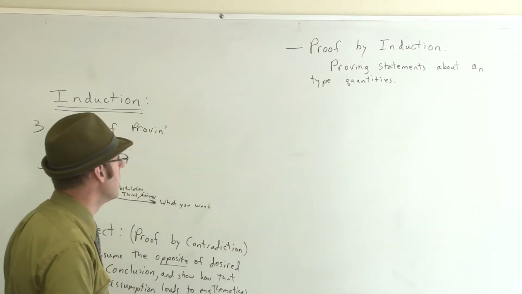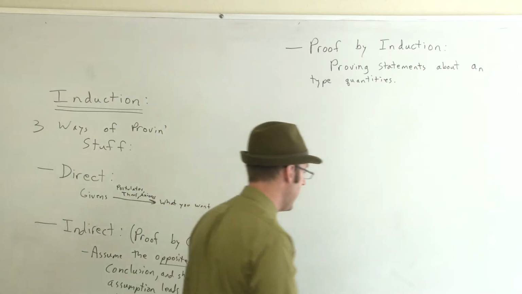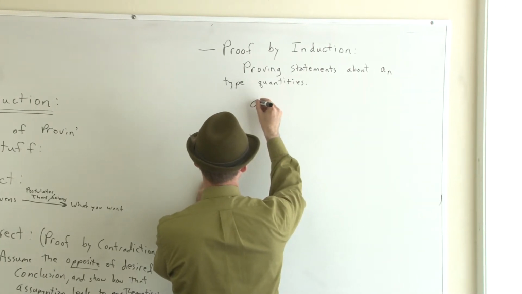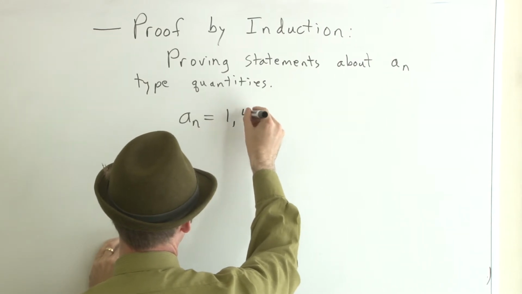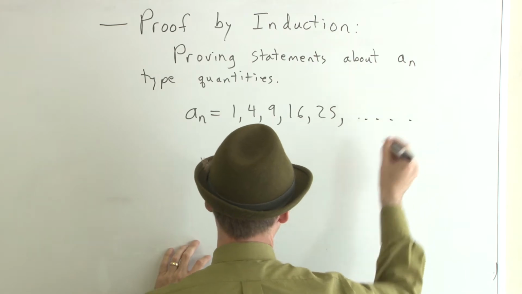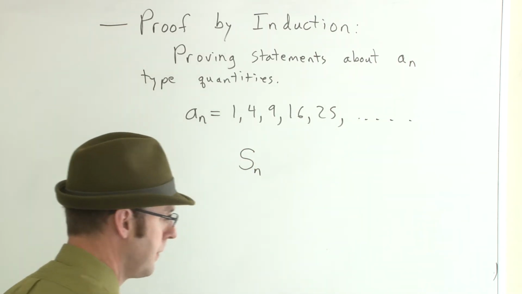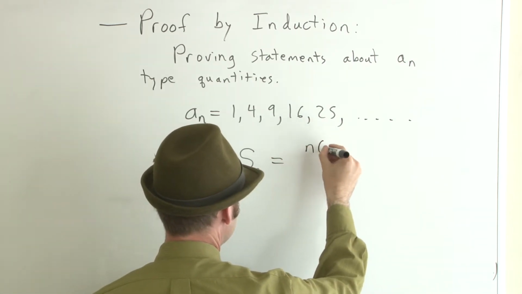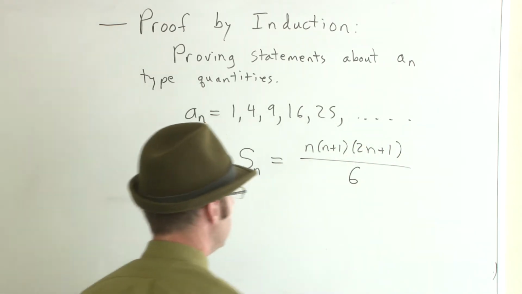So for example, you might want to say that the sum of the first n terms is n times n plus 1 times 2n plus 1, divided by 6.